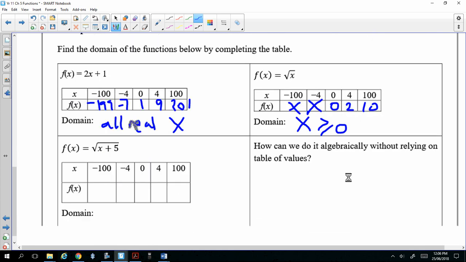Let's do the next bit. How about the square root of x plus 5? Can you substitute -100? Because you get -95, and you can't take the square root of -95. Can you substitute -4? Yes, you can, because you end up getting the square root of 1, which is 1, isn't it? Can you substitute 0? Square root of 5. And you can take the square root of 4 plus 5, which is 3.